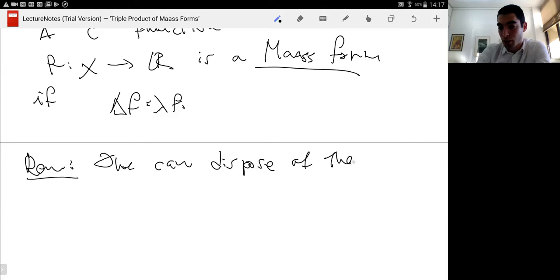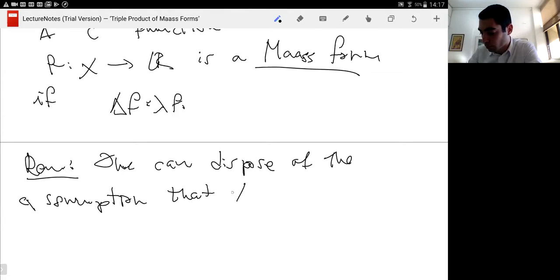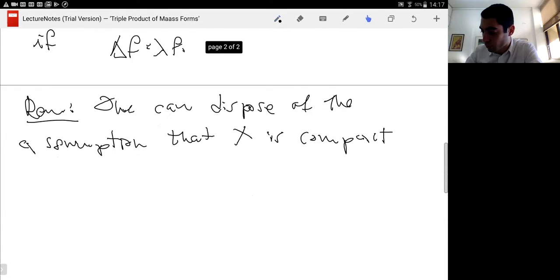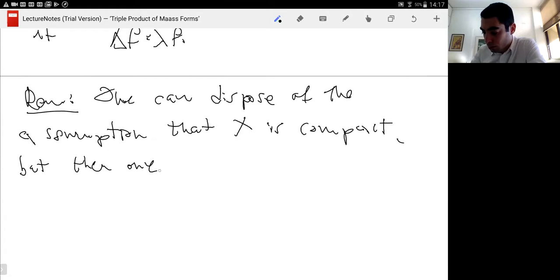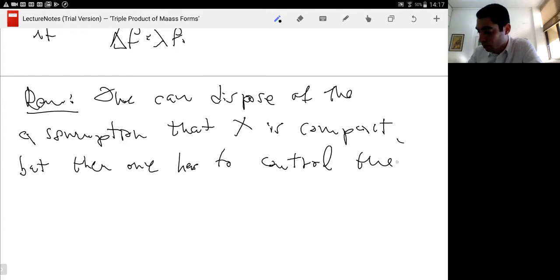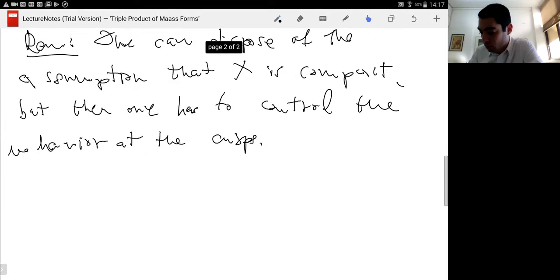Well, the assumption that X is compact can be relaxed, but then in order to obtain a useful concept, one has to control the behavior at the cusps. What do we mean by that?